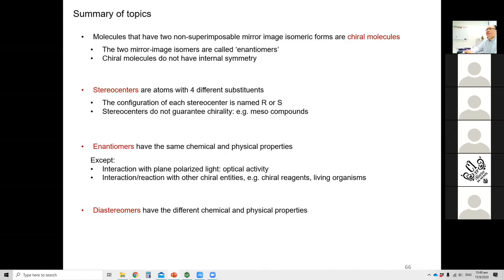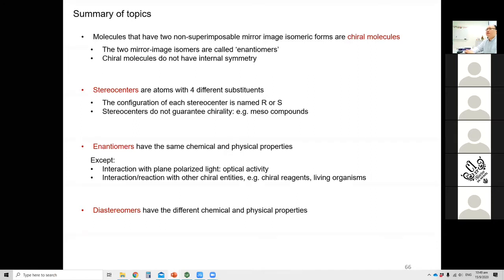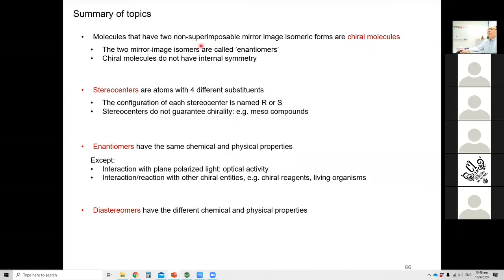Okay, I'm not going into details again. Basically, we start with the non-superimposable test and the mirror image. If the two mirror images are non-superimposable, they are chiral molecules, and the opposite is achiral molecules.